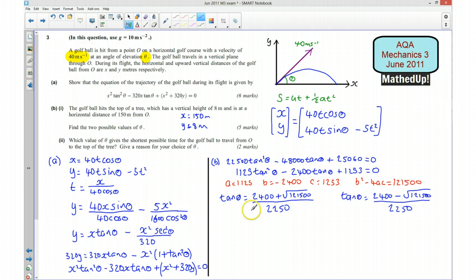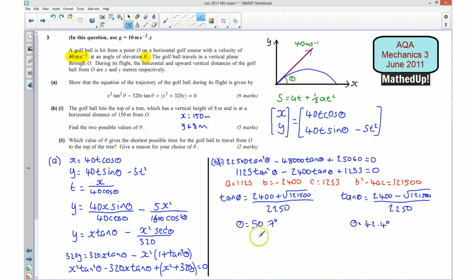So using this here, I can work out that theta is going to be equal to 50.7 degrees, and using this here I can work out that theta is going to be equal to 42.4 degrees. Okay, so for B part 1, which is what this was, I should put a part 1 there.